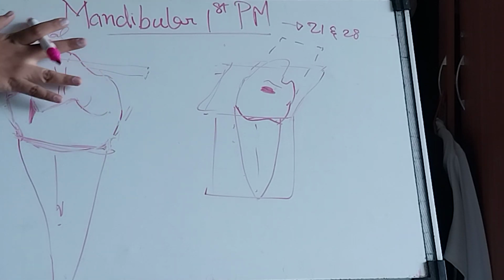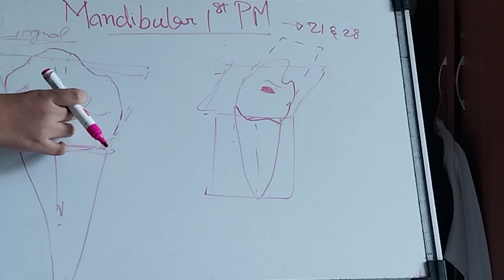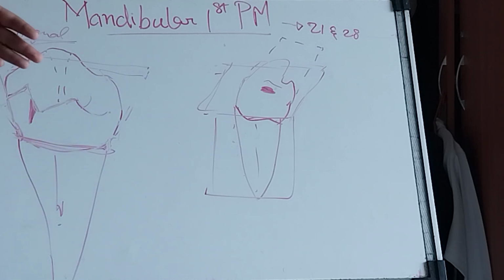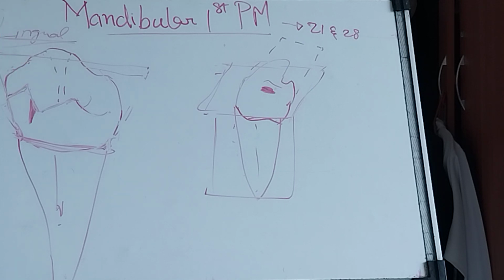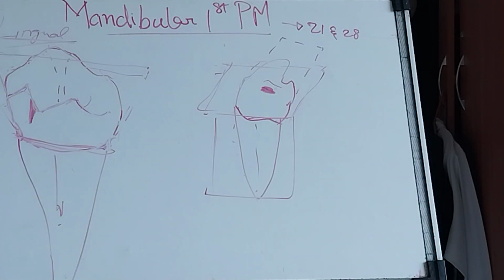Okay, and this, which you can see, it's behind, and this is the buccal cusp. The lingual cusp is very short, due to which you can see the buccal cusp and the cusp ridges. Okay, that is why, and the tip is also very sharp over here. That's why they assist the canines in tearing the food.